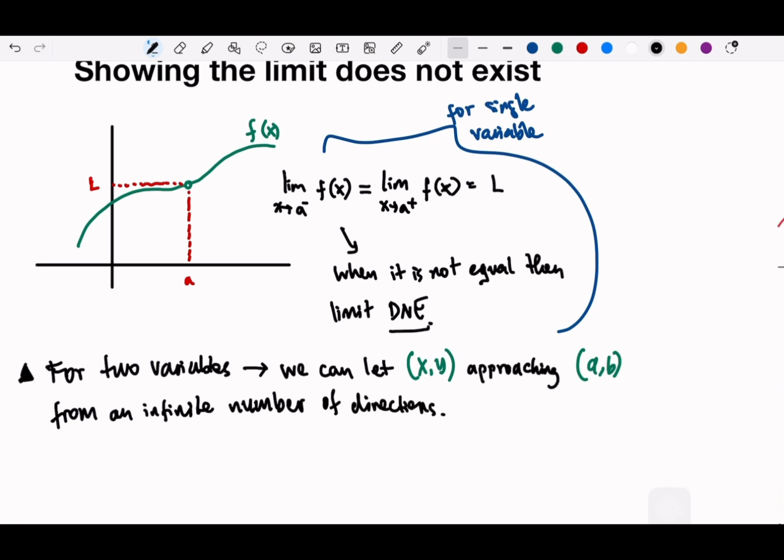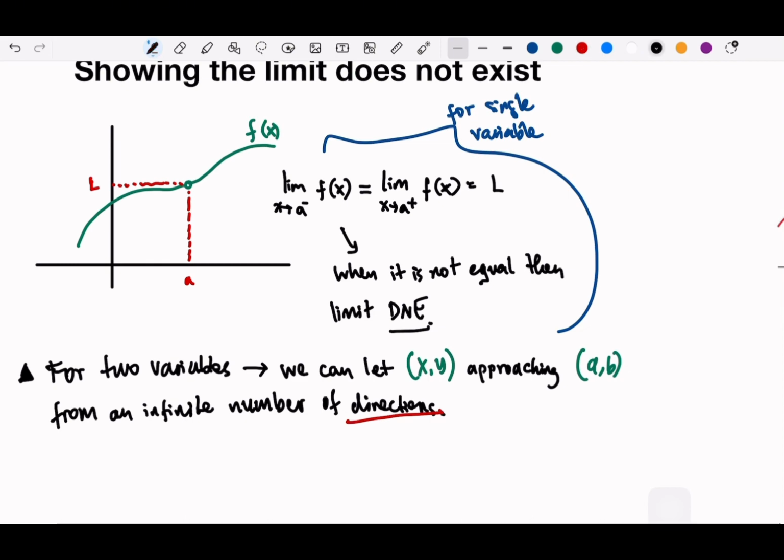In single variable we only have directions left and right, but now we have 3 dimensions. We can basically say we can approach the point from any direction.